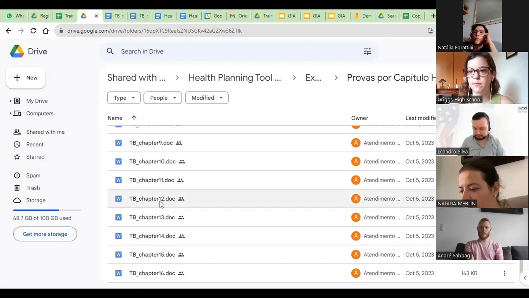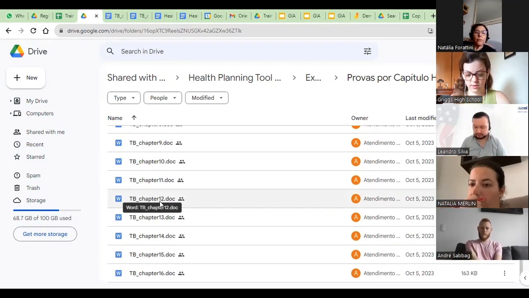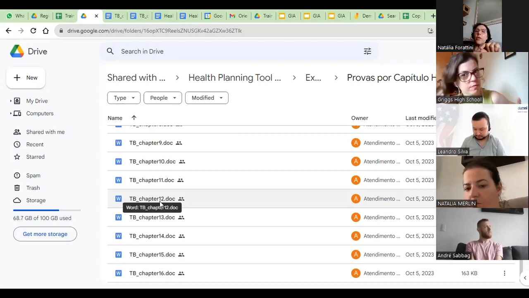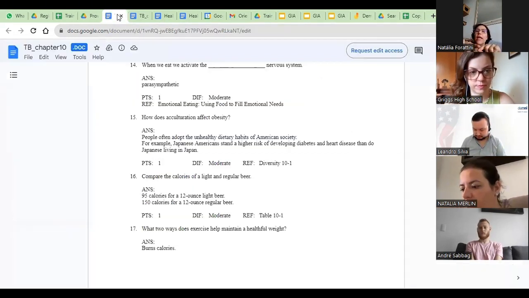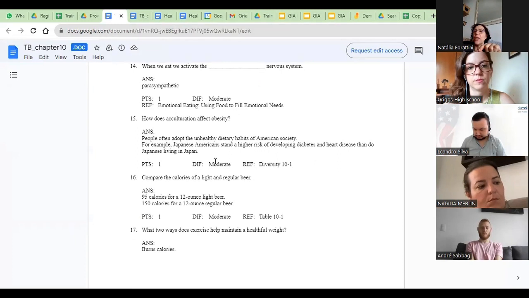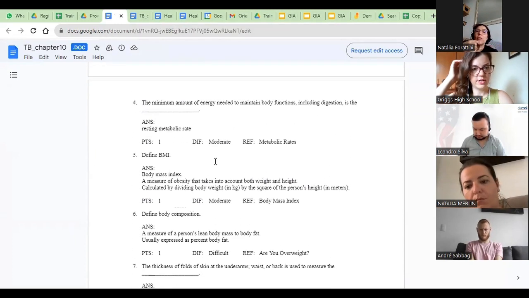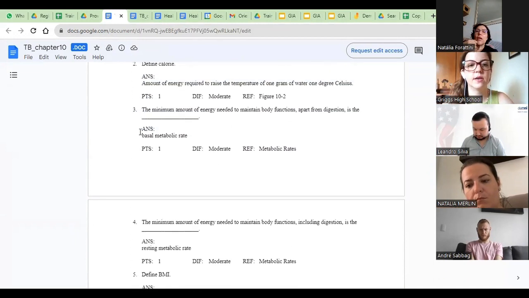Yes, Natalia. When you opened the provas por capítulo, each question has below it some letters like A and S, PTS, diff, ref. I don't know what everything means. This is answer.